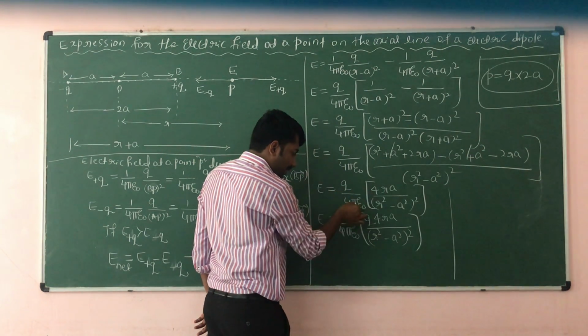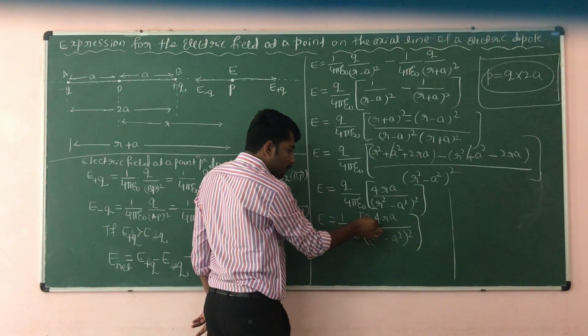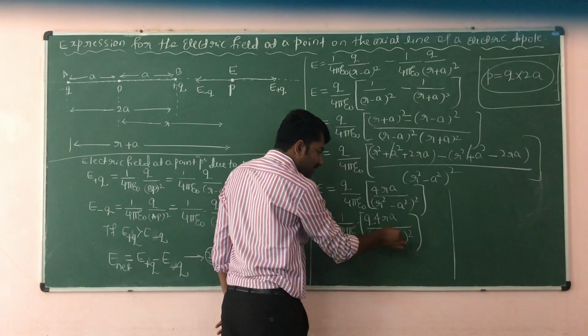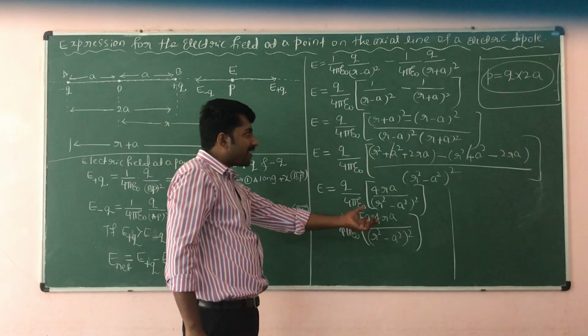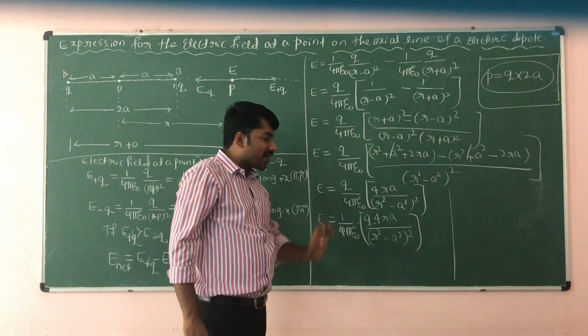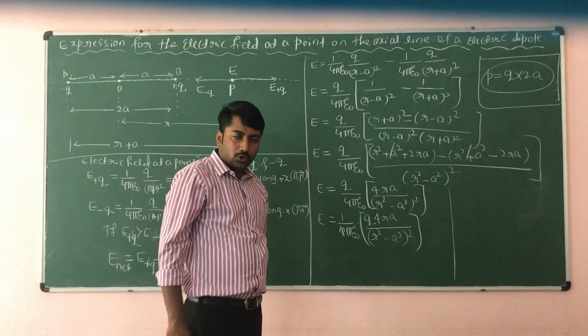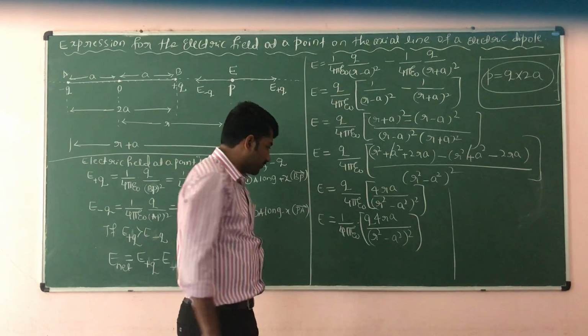Q ಅನ್ನು ಇಲ್ಲಿ ಮಾಡಿ 1 by 4 pi epsilon naught ಆಯಿತು, Q into 4 into RA divided by R square minus A square whole square. ಇದನ್ನು ಯಾವ ರೀತಿ ಸ್ಪ್ಲಿಟ್ ಮಾಡಬಹುದು, Q into 2A ಮಾಡಿದಾಗ ವ್ಯಾಲ್ಯೂ ಏನು ಬರುತ್ತೆ ಇಲ್ಲಿ ನೋಡಿ.